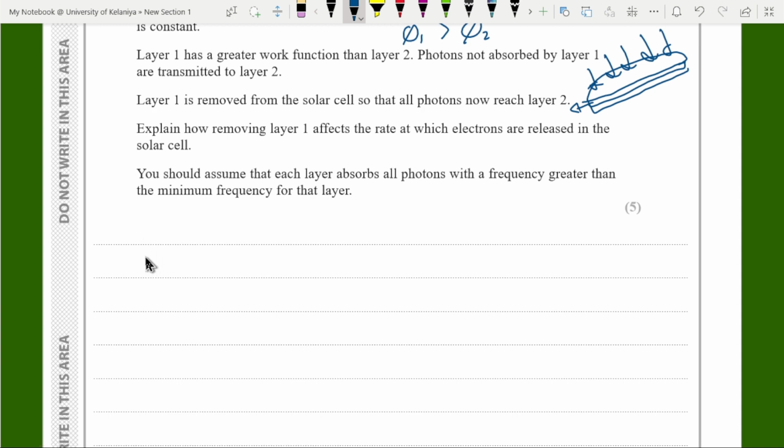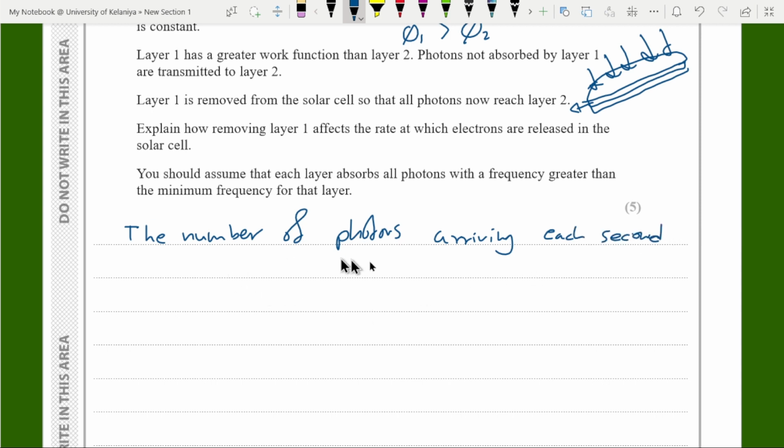I'll write this one. First thing you have to mention is that the number of photons arriving each second on the cell is the same.